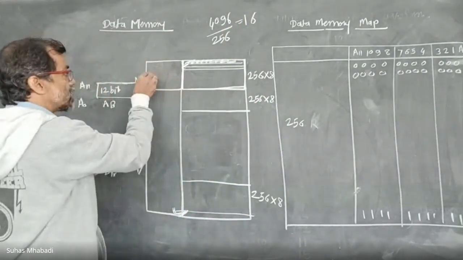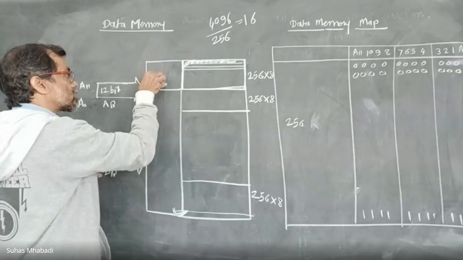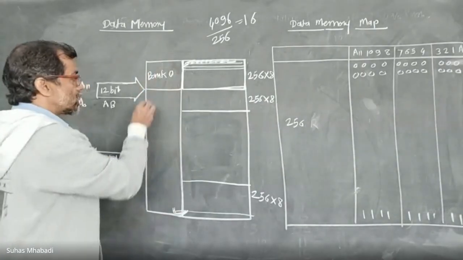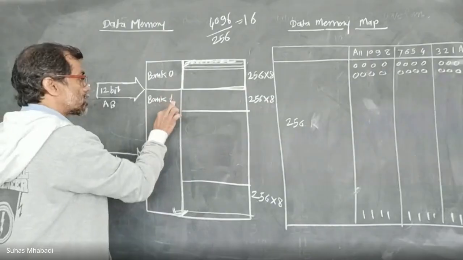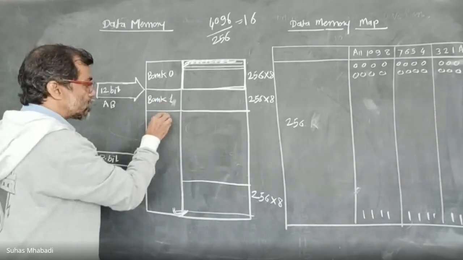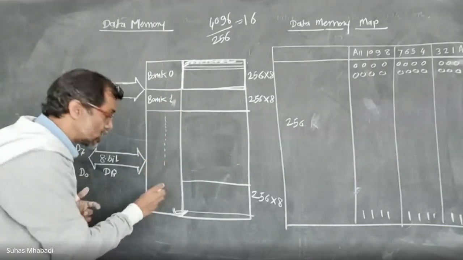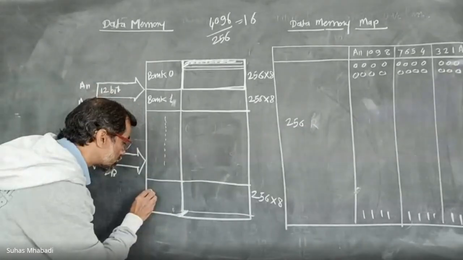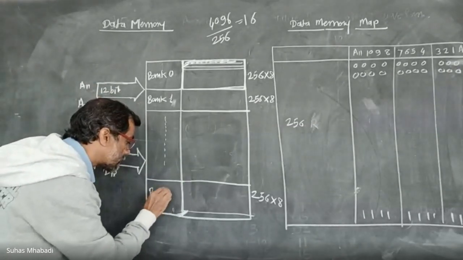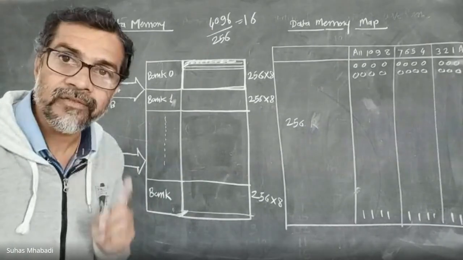The first bank is known as bank 0, the second bank is known as bank 1, bank 2, bank 3, bank 4, bank 5. Likewise, the last bank is known as bank number 15.